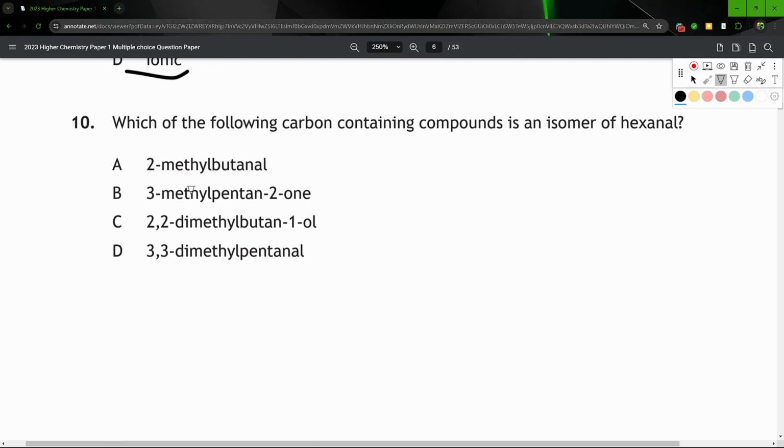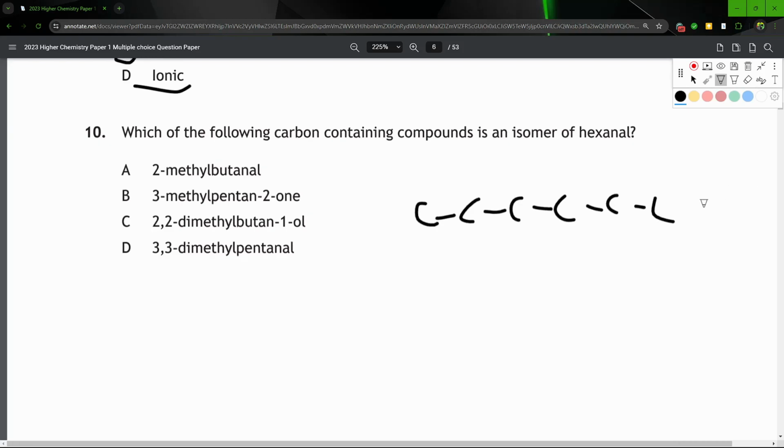Which of the following carbon-containing compounds is an isomer of hexanal? Okay, so remember hexanal? I won't draw all the hydrogens because there are like five bajillion of them. You'd have 6 carbons in here, and then a carbonyl group on the very end, so you have a double bonded oxygen.